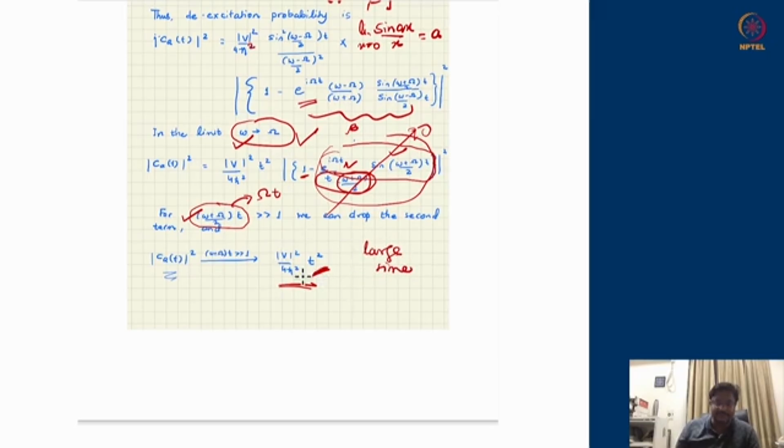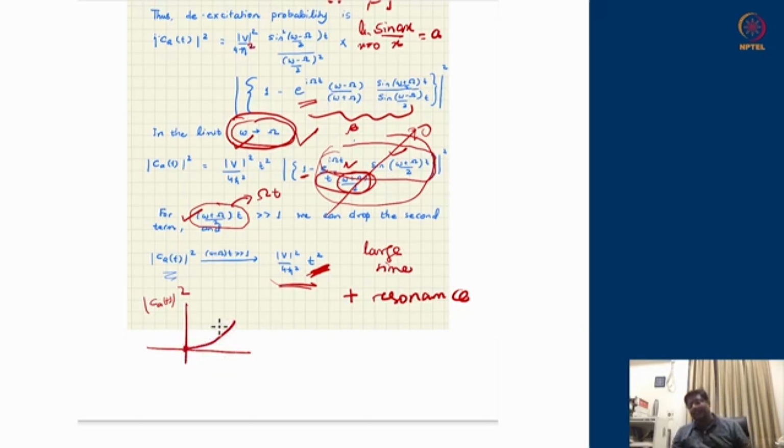For large time, as well as resonance, this result is correct. Resonance in the sense that the two frequencies match. So large time plus resonance leads to a quadratic rise in the probability. If I write the probability plot, |Ca(t)| squared at time t equal to 0 was 0. Then it starts rising like this and saturates to 1 at a very long time.